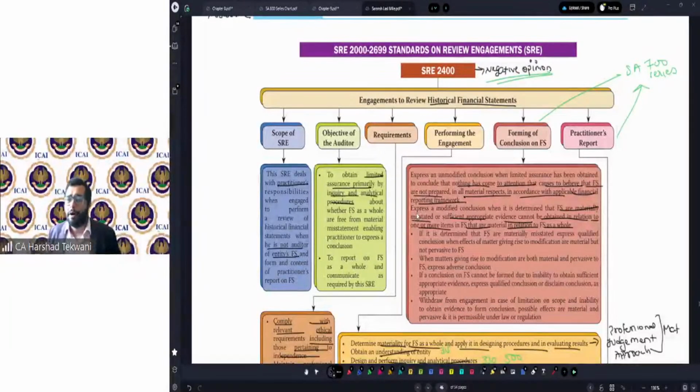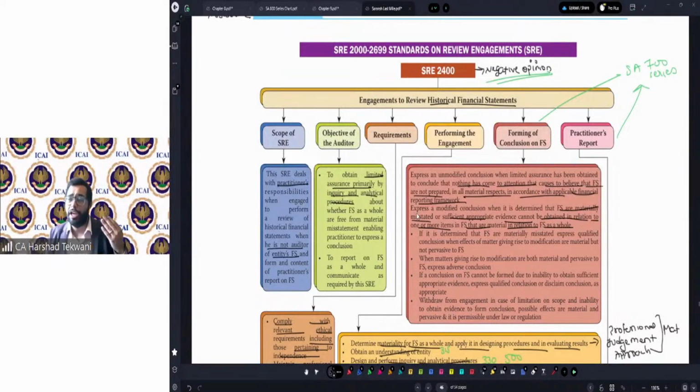Because we are performing analytical procedures and inquiry, there could be scenarios where you have identified a material misstatement and you do not have the nature, timing or extent to perform additional procedures, or you are not able to gather more audit evidence to substantiate that particular misstatement. In that case, you issue a modified opinion. Now, it could be qualified, it could be adverse, both are available.